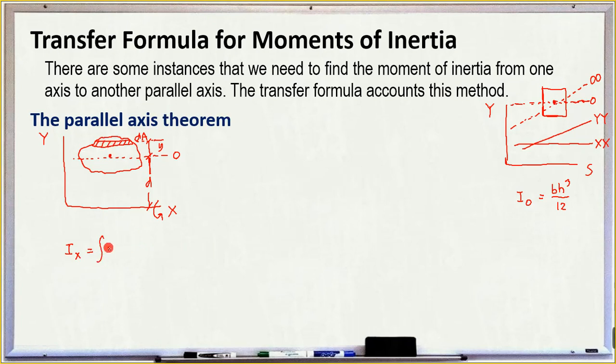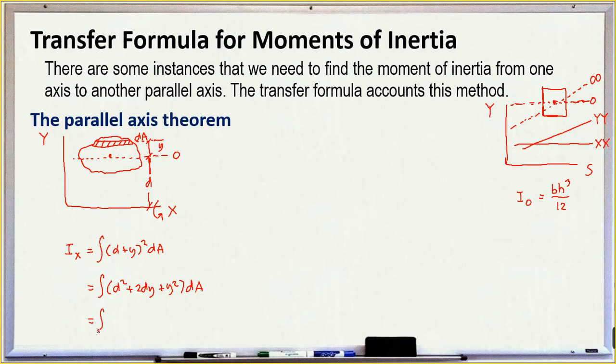Since that is the differential area, its distance is d plus y, squared, times the differential area dA. Now, let us simplify: that is d squared plus 2dy plus y squared, dA.